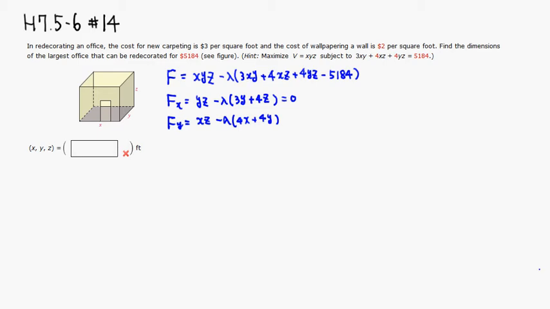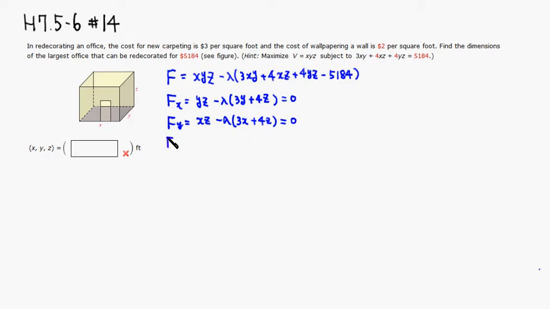I didn't do it correctly. I was doing it with respect to z, and this is with respect to y. Sorry about that. So we have 3x, and there's no y there, so that's 0. So it's a plus 4z, and the derivative of the constant is 0, so set that equal to 0.